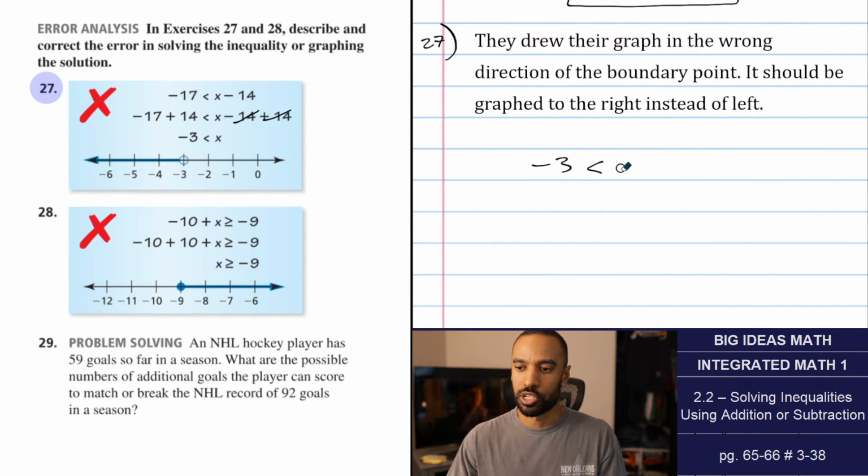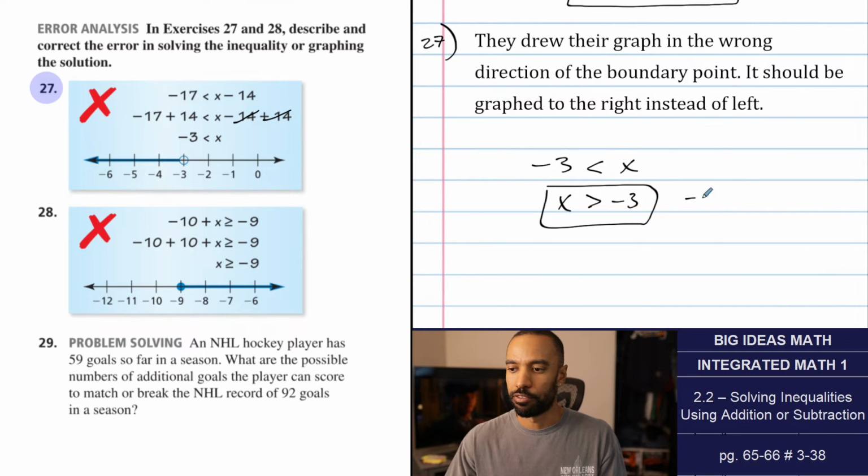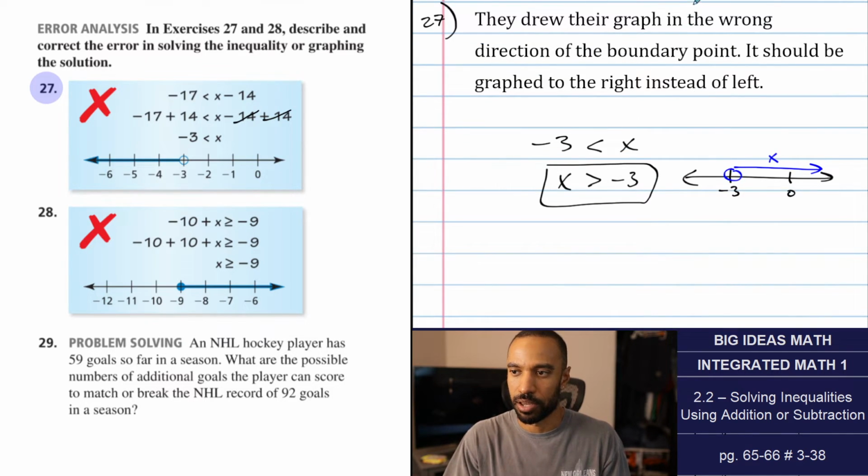You could test points such as 0, which would make it a true statement, but we can also flip over this inequality like that. And when you flip it over, now we can graph here. Flipping it over didn't change my answer. It changes how I know what my answer is going to be, though. See, both of these are the same. But this is the direction we should go. 0 should count. Nothing on that side should count.